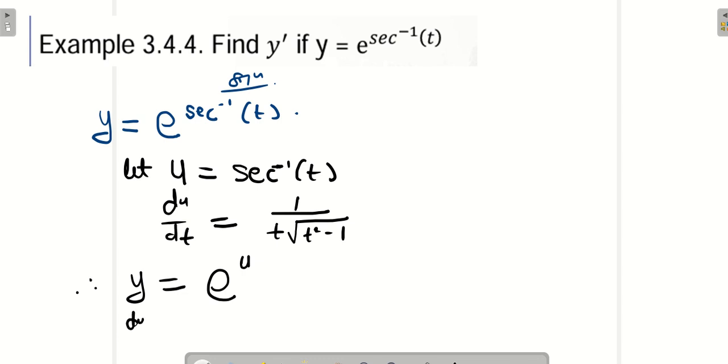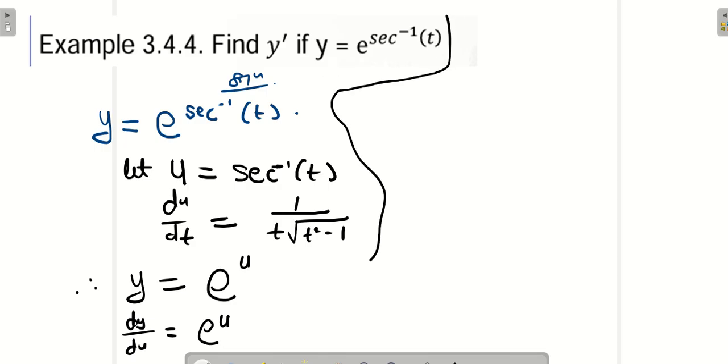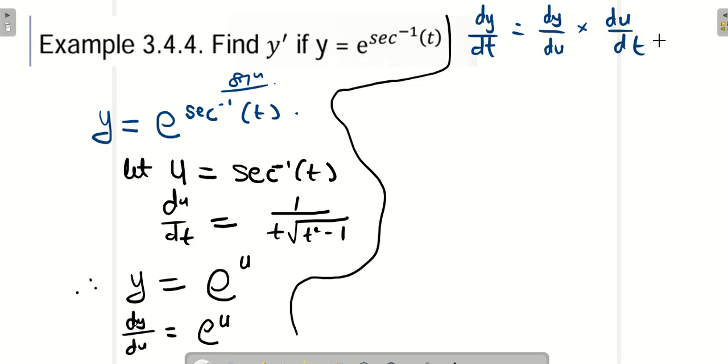Now we can also differentiate y with respect to u, dy du. Here, this one is just an exponential function, so you get the same expression. Dy du is still e exponent u. Now, we have to apply the chain rule, which says that dy dt should be equal to dy du times du dt.